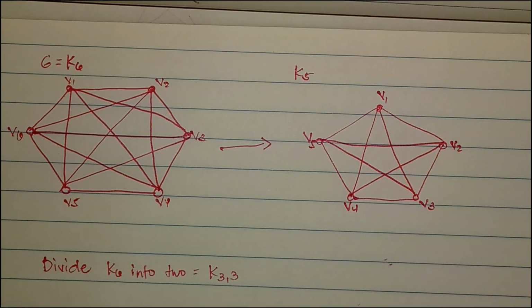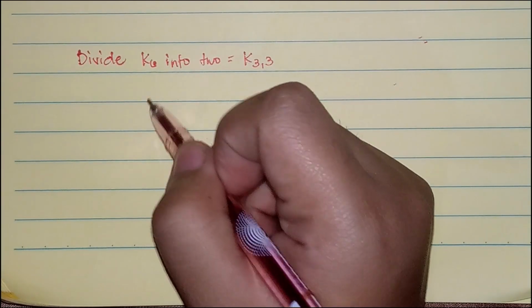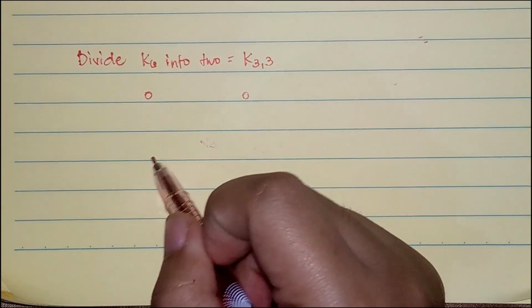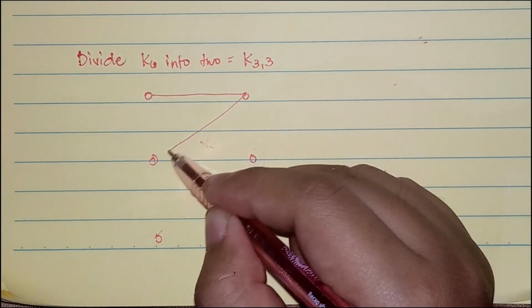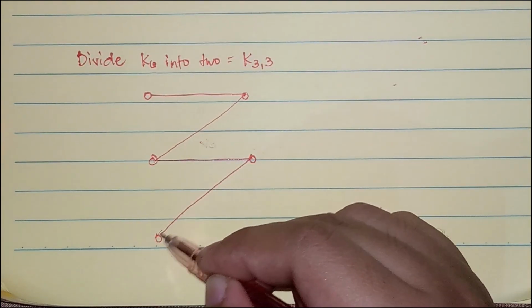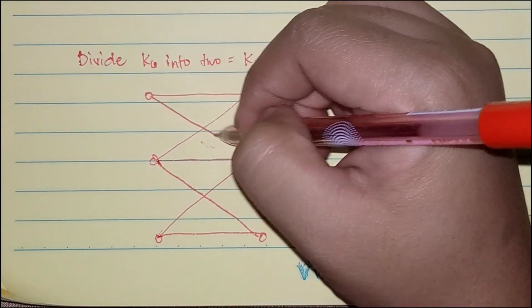Now, alternatively, to find K sub 3,3 as a minor, we divide the vertex set of K sub 6 into two groups. So let A be V sub 1, V sub 2, V sub 3, and B be V sub 4, V sub 5, V sub 6.